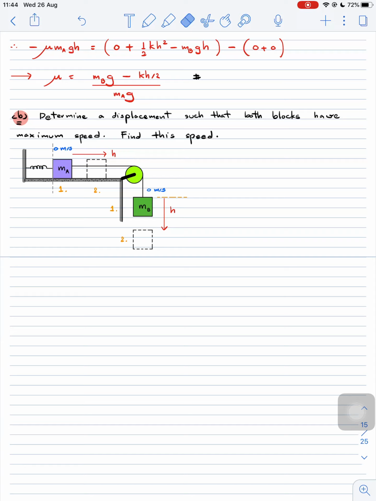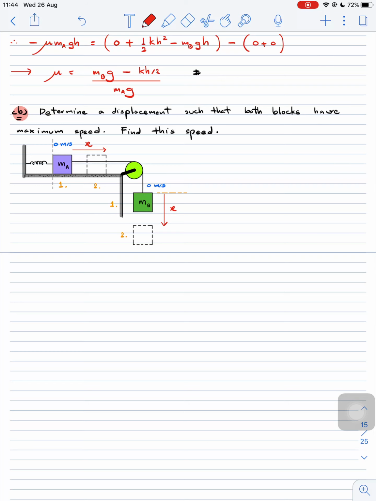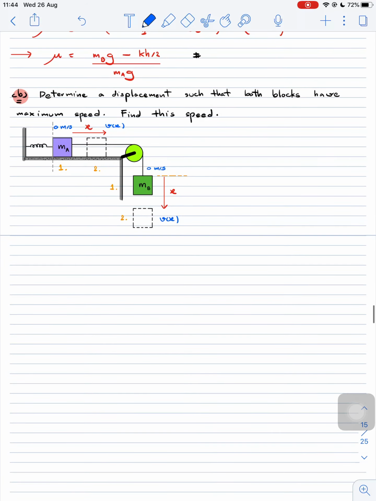So in this case, let's say the displacement equals x in both m_A and m_B, then we can say that the speed of the block must be equal to v depending on x.